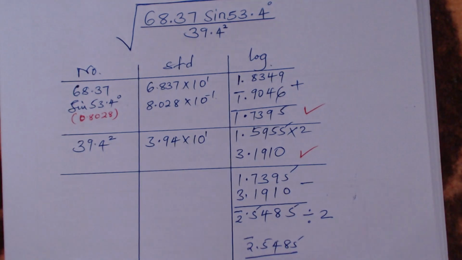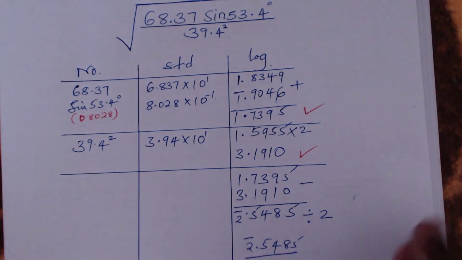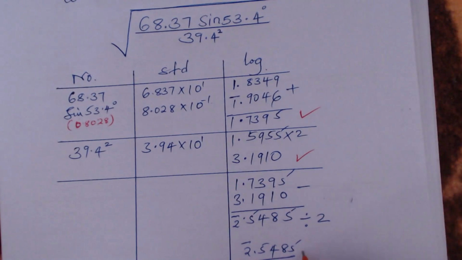Now to divide this one by 2, bar 2.5485 divided by 2, you can split these. You can split it like this.